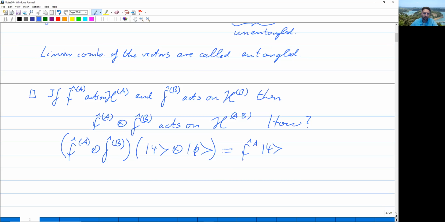This is well defined because that's a state of the system A and that's an operator of the system A. So we can assume this as given, tensor, and then, oh, it's not a G, it's an F, F hat B acting on this state of system B. And that thing, of course, is again an element of H AB. Now, all this we covered already.